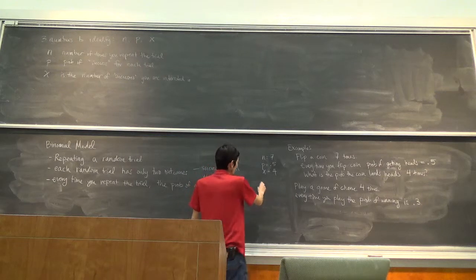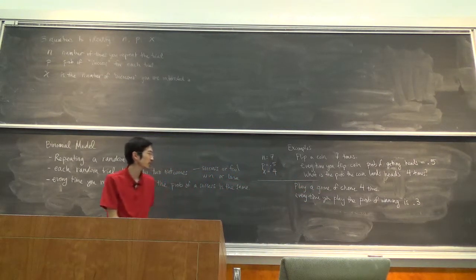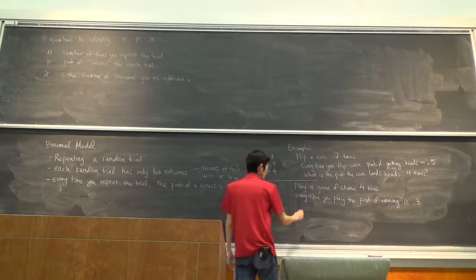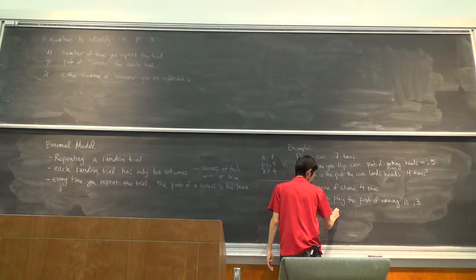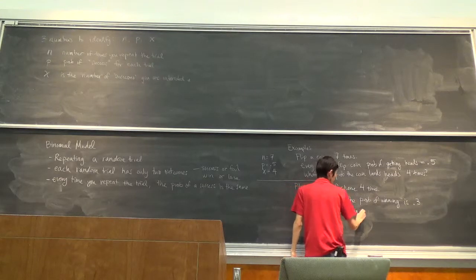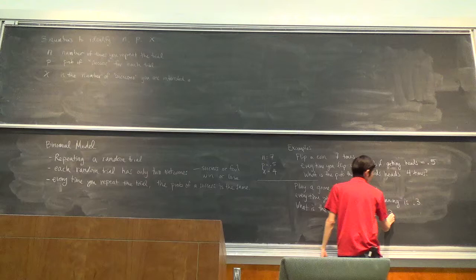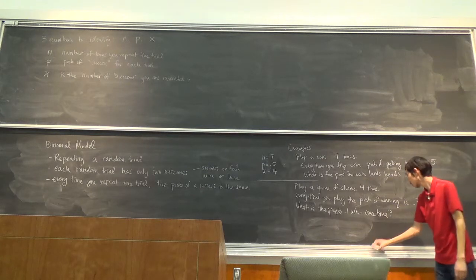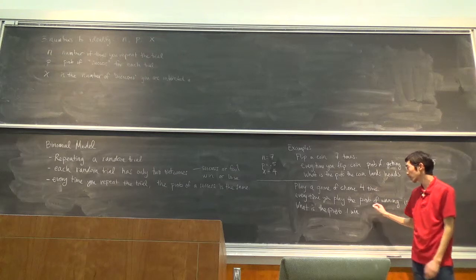Let's look at this next problem. We play a game of chance 4 times. Every time you play, the probability of winning is 0.3. What is the probability I win 1 time? 1 time. This is different from at least once. Okay, this is the probability of winning 1 and only 1 time, 1 out of the 4 times.